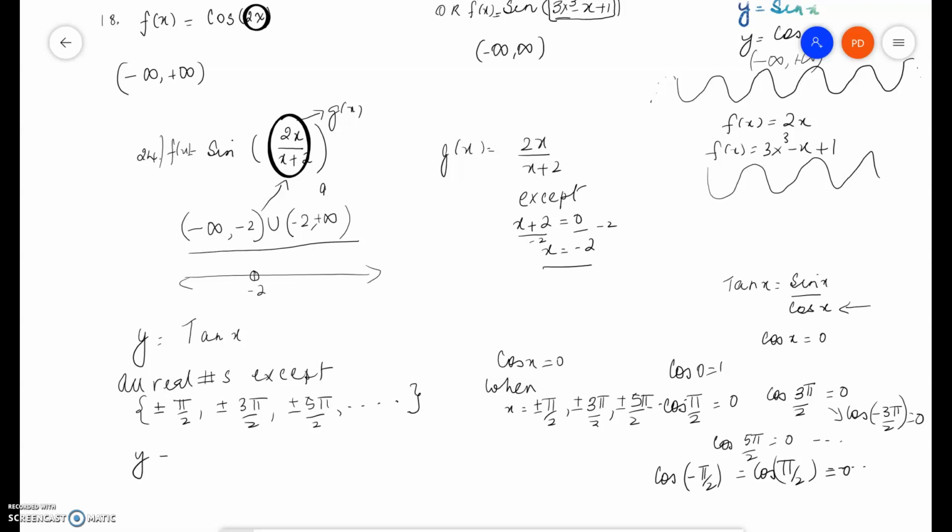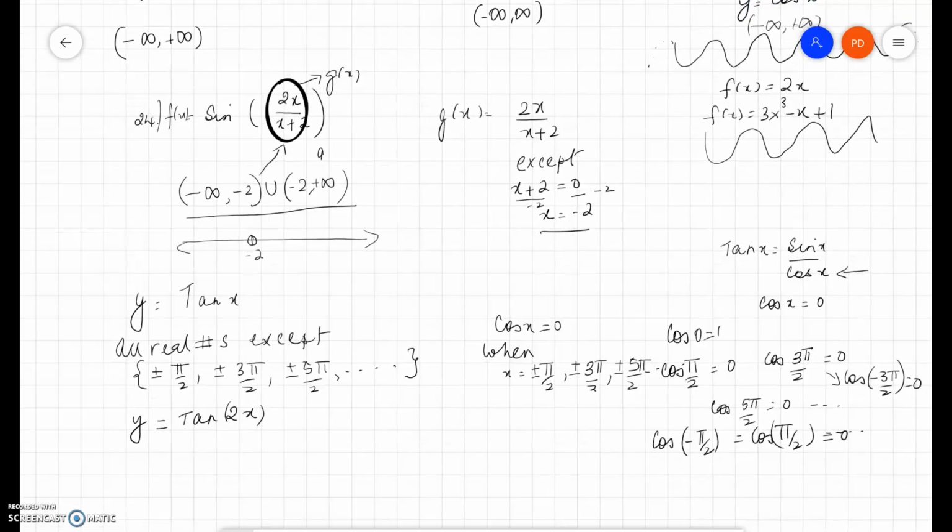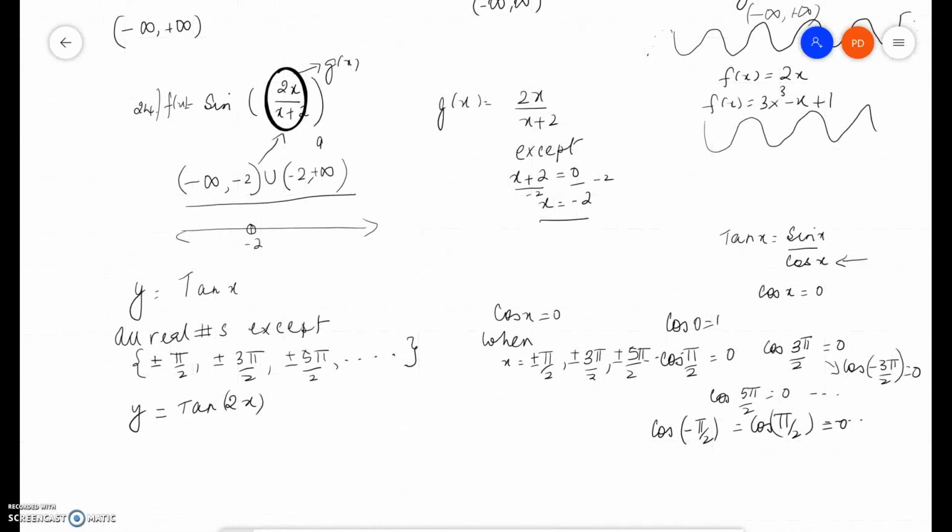Now suppose we have y equals tangent of, let's say, 2x. Then we have to make sure that cosine of 2x, which is the denominator, so that's sine of 2x over cosine of 2x, is not equal to 0.